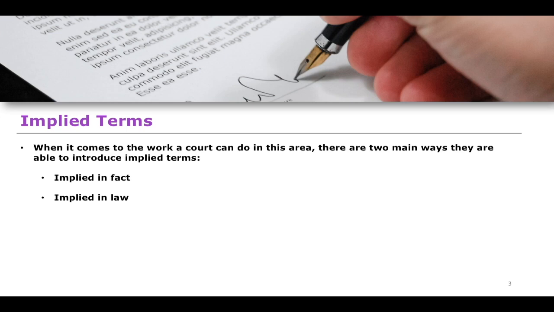We're going to focus firstly on the implication through fact in this lesson. We're also going to talk about a particular test that is applied in certain circumstances known as the officious bystander test in the next lesson, and then in the final lessons we will talk about the ways in which terms can be implied in law, and then finally finishing on looking at the other ways in which terms can be implied, i.e. through the Consumer Rights Act.